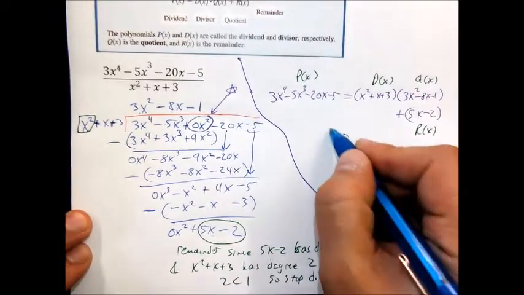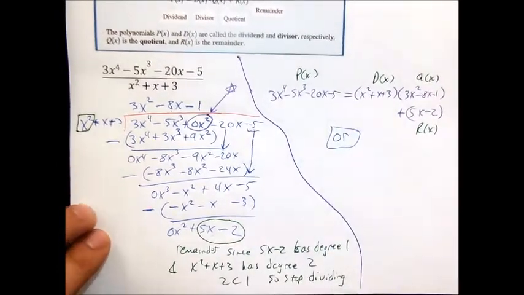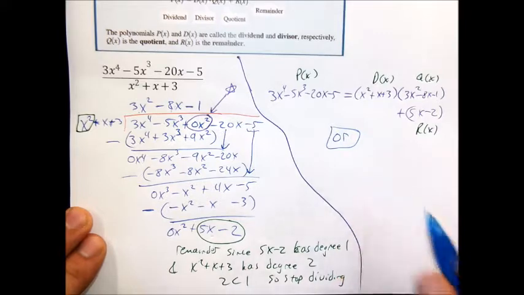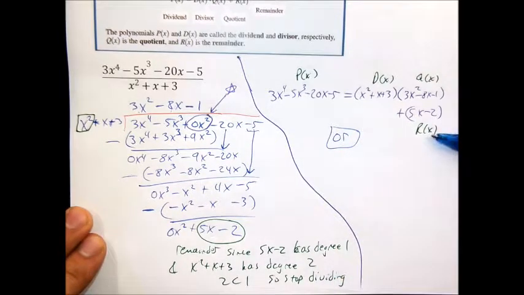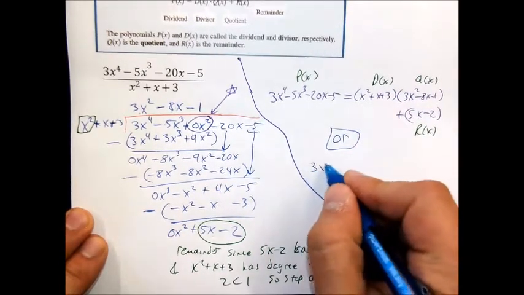Or we can write it as a fraction in the other way. Right? So if we divide everything in this function by x squared plus x plus 3, we would get this.